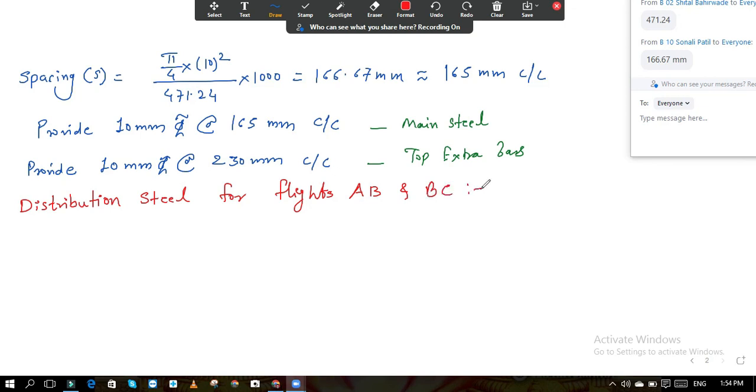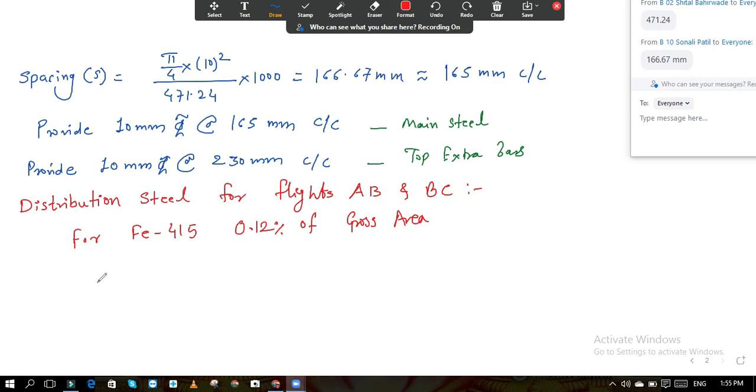Distribution steel will be same because it is given in the percentage, so it will be same. So for Fe415 it is 0.12% of gross area of cross section.